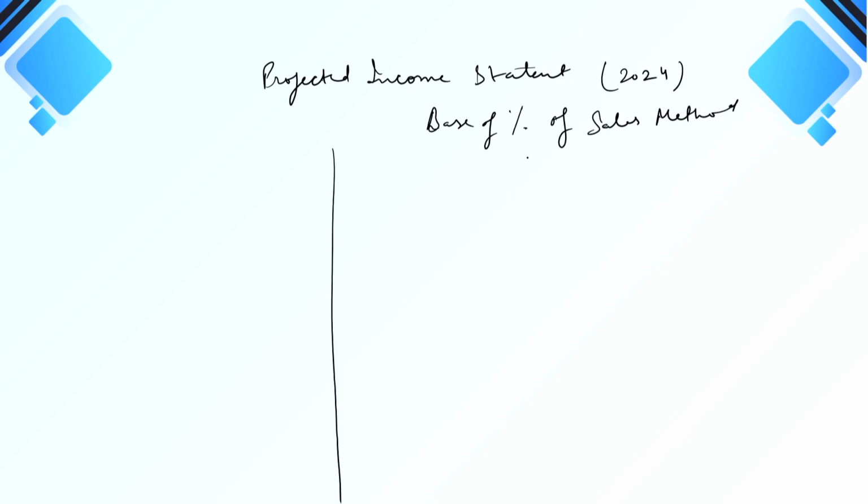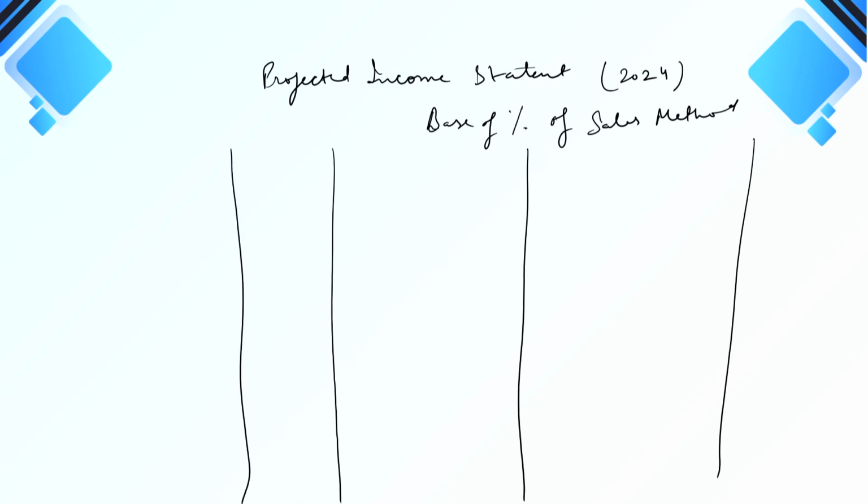So I'm going to take up the different items and put up their percentage, and we are going to make the projections for 2024. So here we put the projected figures for the year 2024. Here we have the amount given for the year 2023, which is our base year, and here we are calculating the percentage.